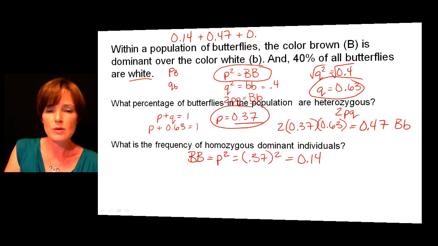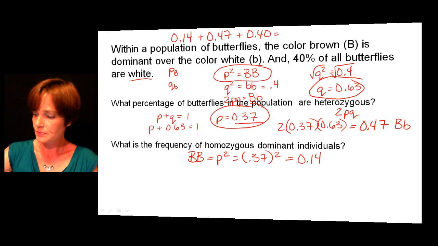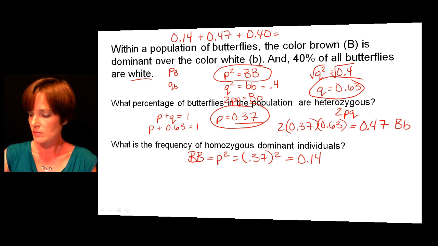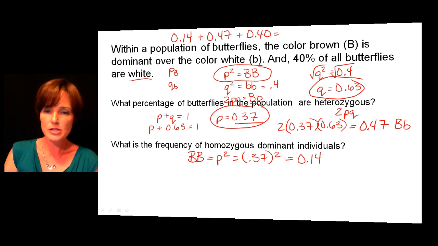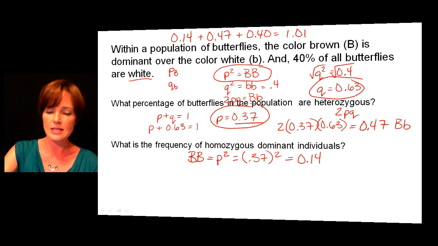That was information that was given to us. So all of those added together, it's going to come out to 1.01. Okay, so that's very close to 1. It's probably just a rounding difference in this case. So they do add up to 100%, which is what we're looking for in this case.